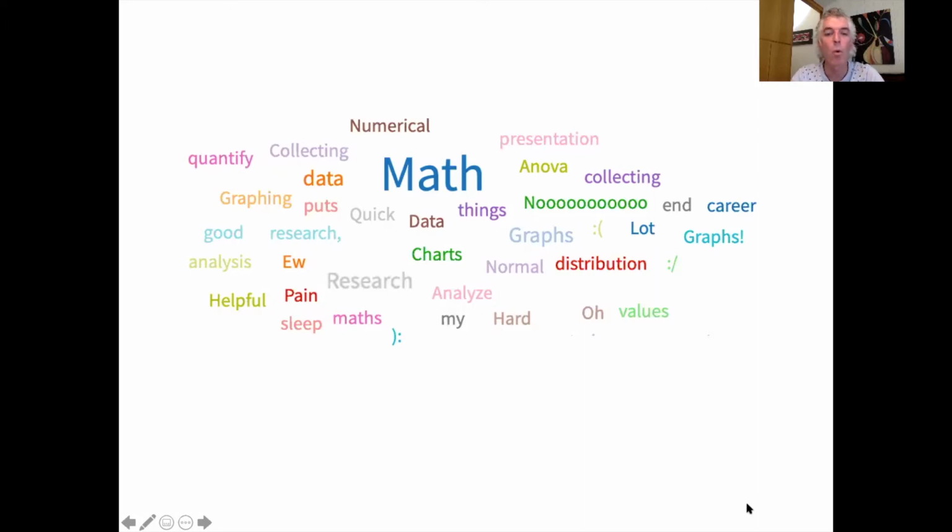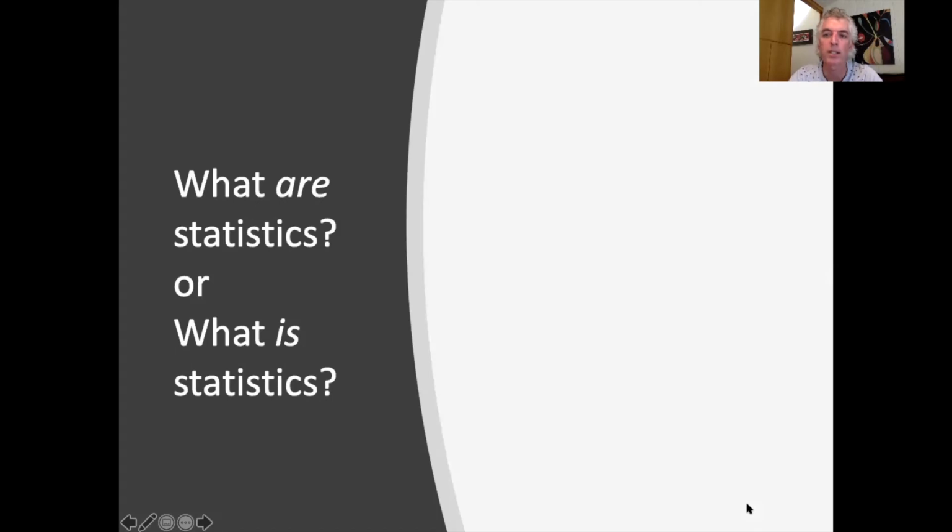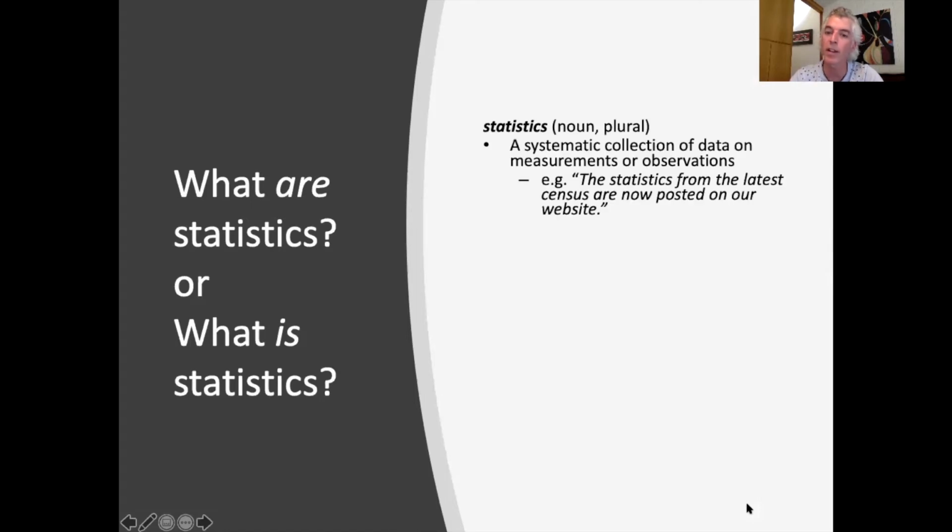So first of all, what is statistics, or what are statistics? Is statistics even plural or singular? Well, actually it can be both. So we can think of statistics in the plural sense as a set of numbers that we might use to describe a particular situation. Think of baseball statistics like ERA or batting average.